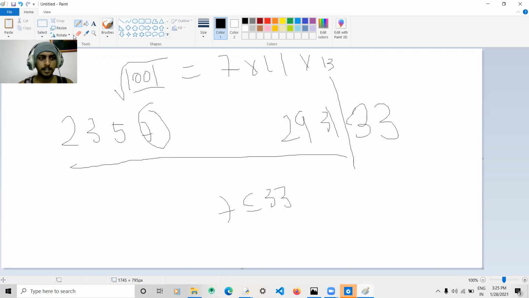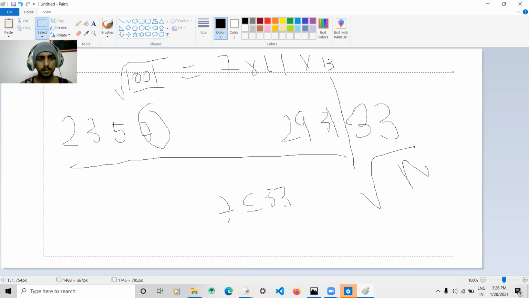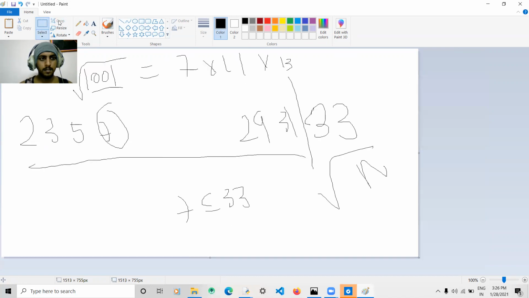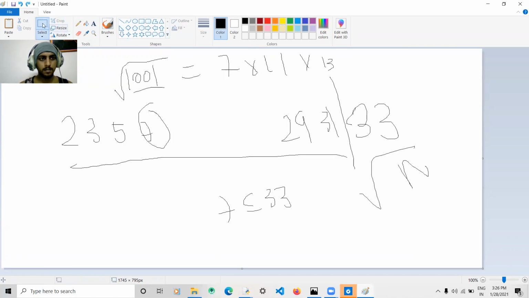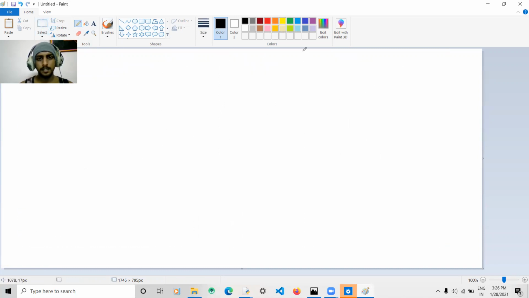How we utilize this fact is we look for all the numbers that are less than root n. So any divisor, say we are factorizing 100.